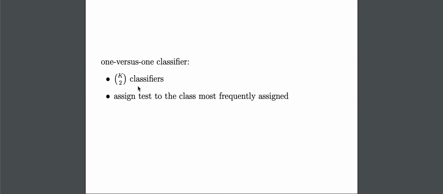Because when a test observation comes, we apply these k choose two classifiers to it, and then we assign it to the class most frequently assigned.